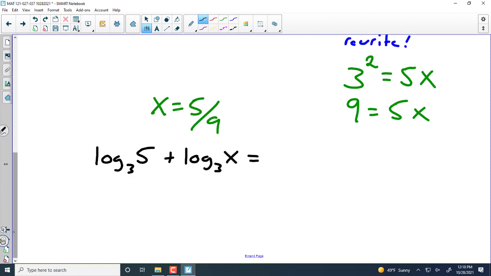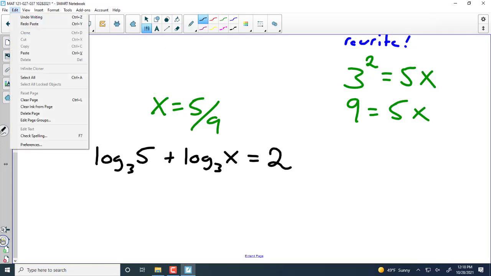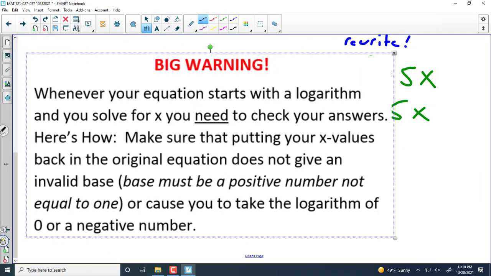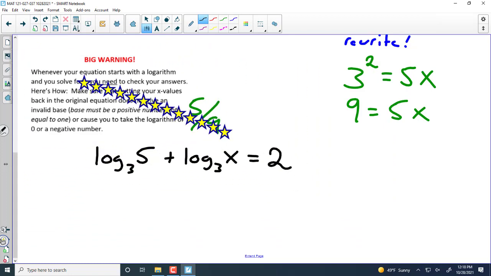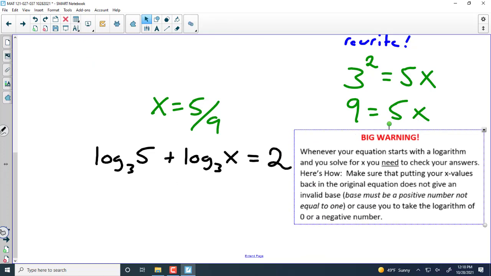This is the original equation we started with. You might remember something from earlier in this class, where I said that there was a big warning. I'm running out of time. There is a big warning, everyone, which you don't need to read here because it's bigger in the other part of the notes.